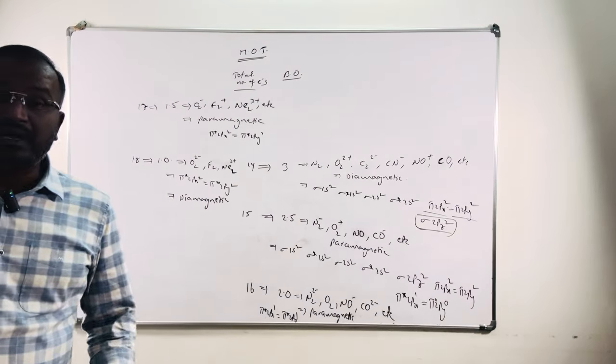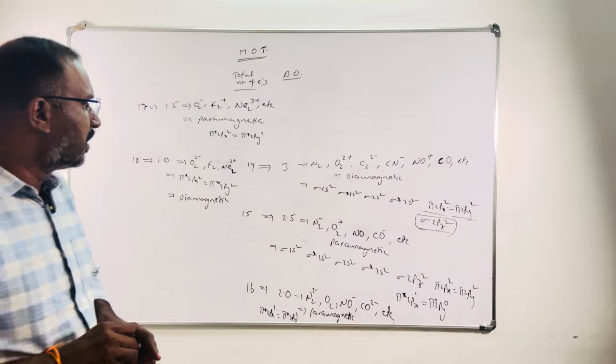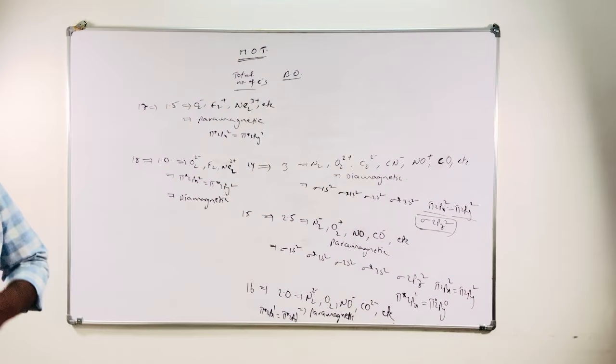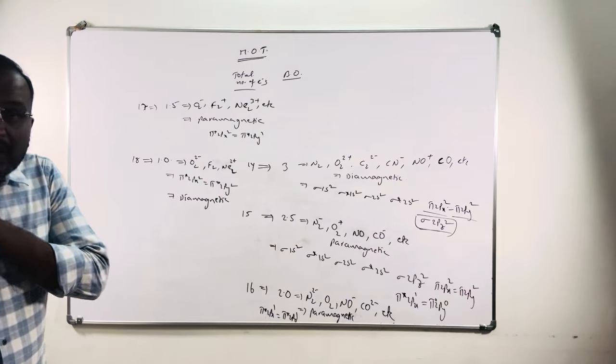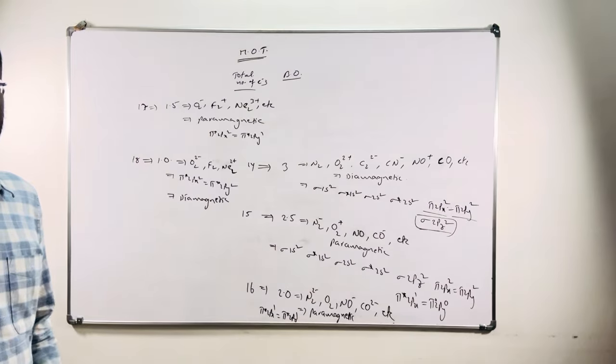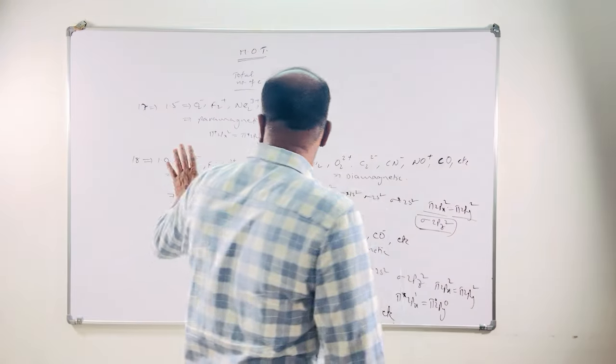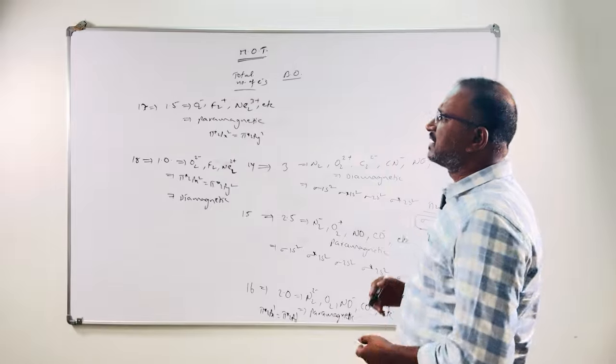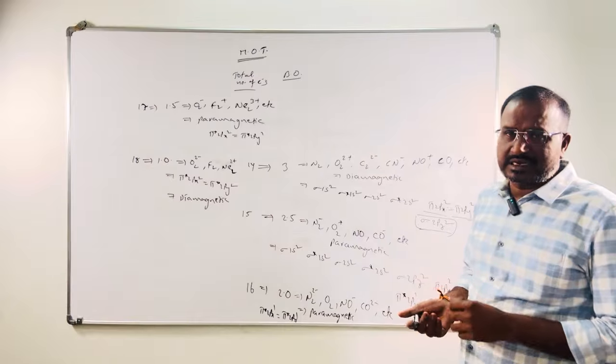Like that, you have to identify the bond order and how the magnetic nature will be. So this is 18. 19 electrons, 20 electrons also you can calculate.